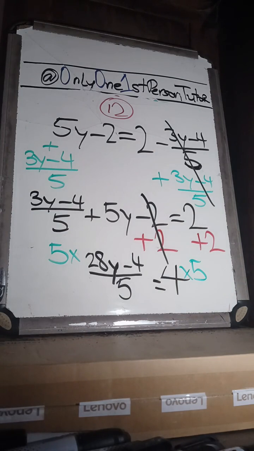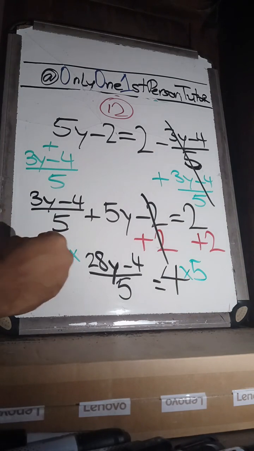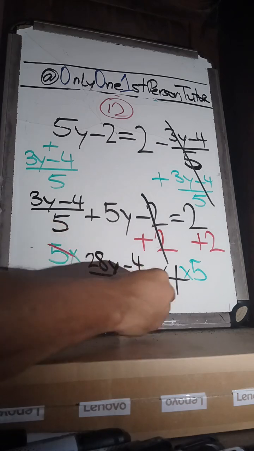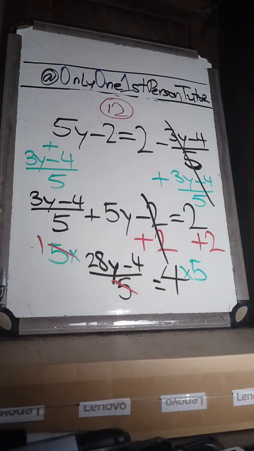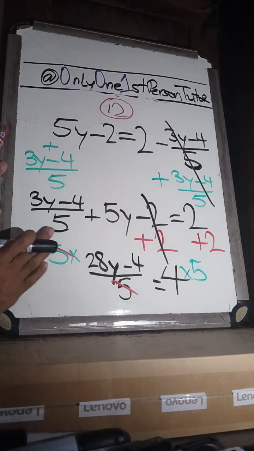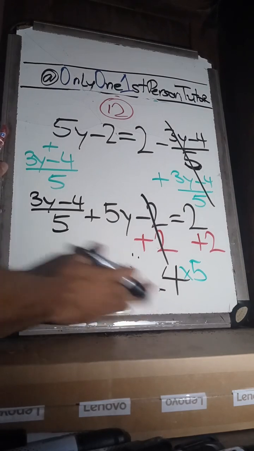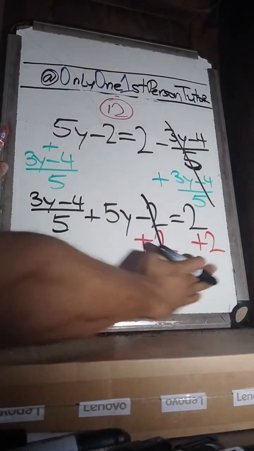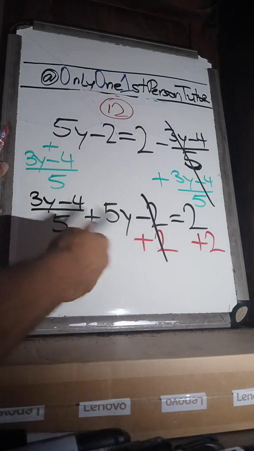So now we have 28y minus 4 is equal to 4 times 5, which is 20. So we're going to have 28y minus 4 equal 20.